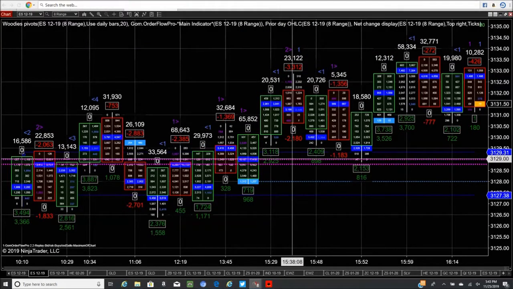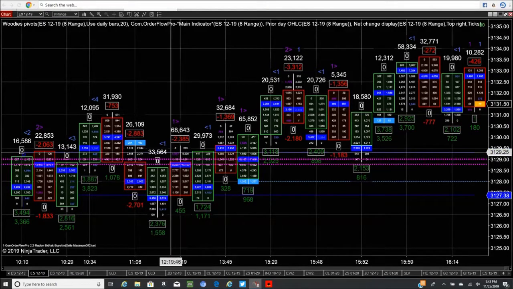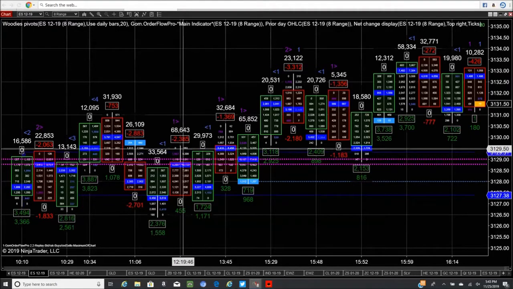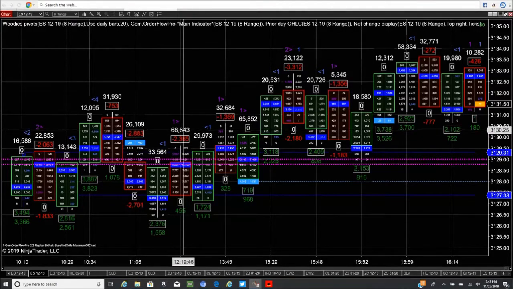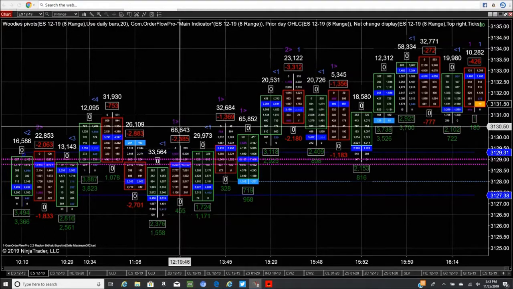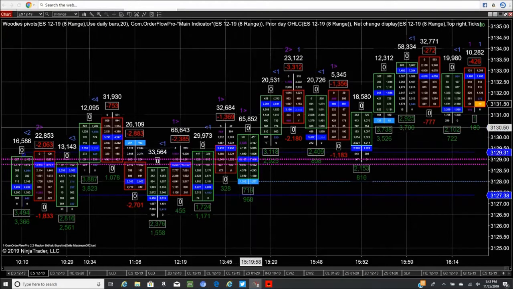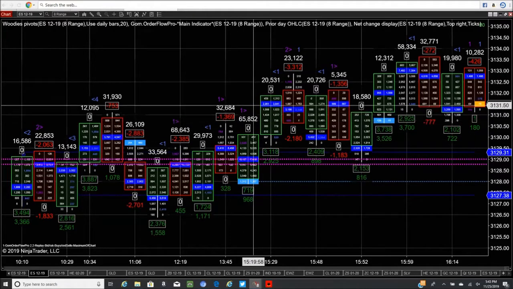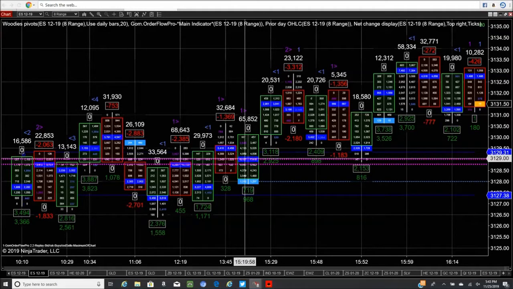You see these two little magenta lines right here? Magenta dotted lines? Okay, those are in reference to the two largest volume bars on the day. 68,643 with a divergence, and 65,852. No divergence, but point of control.